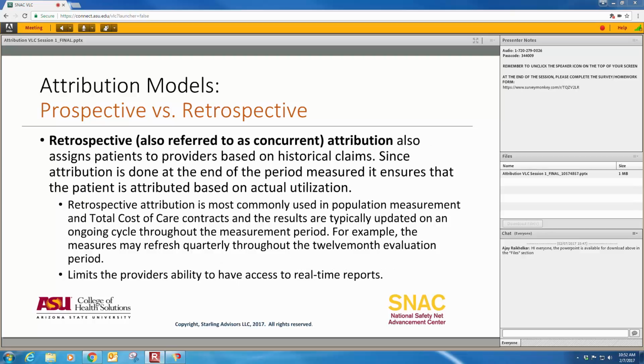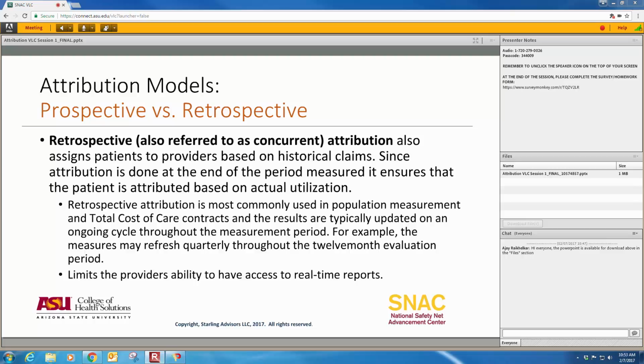Retrospective is a model that also assigns patients based on claims, but it's done at the end of the period, and its measurement ensures that the patient is attributed based on actual utilization. Let me give you a scenario that might give you a sense of why some plans or payers would favor a retrospective model.